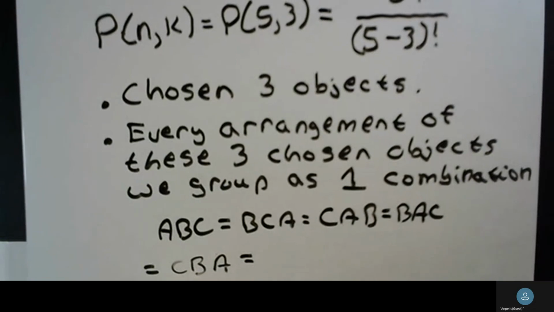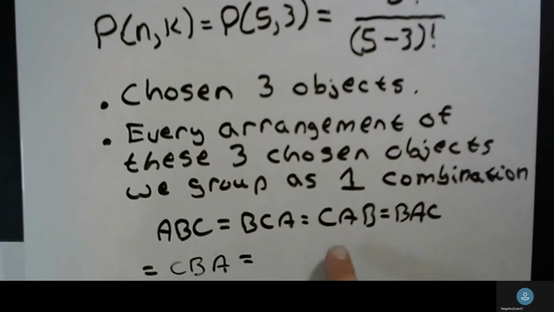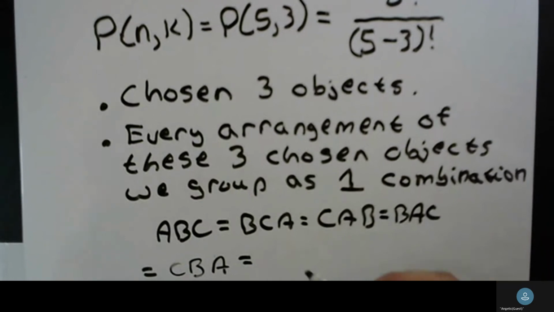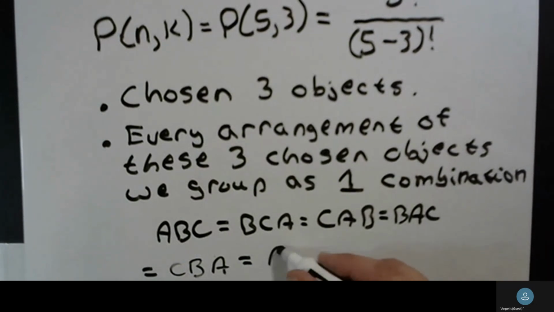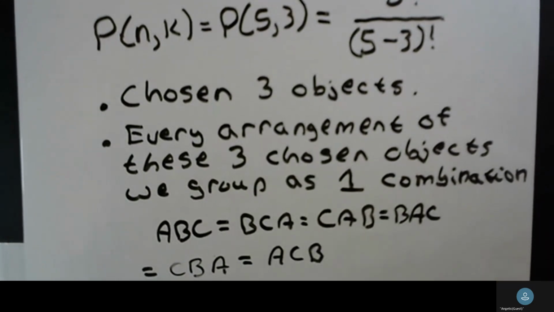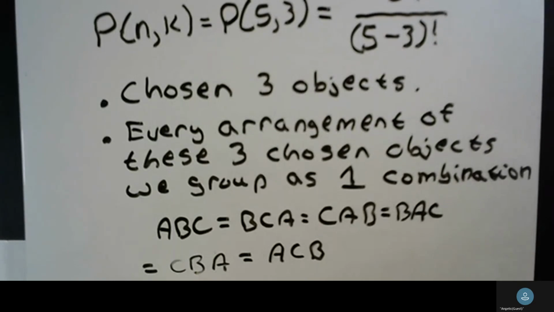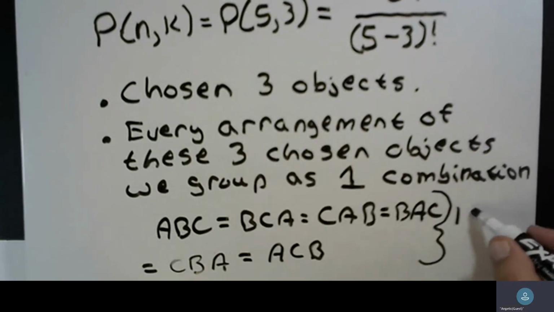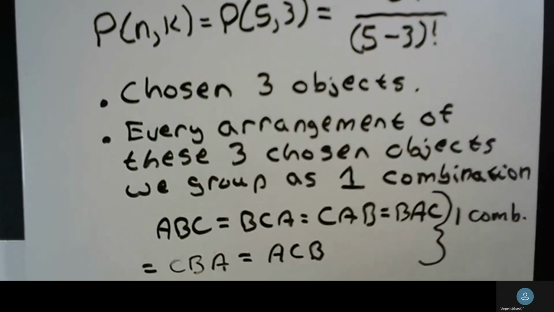Let's see if I can figure it out. Should be one more, and I'm missing it. ACB. There it is. So these 6 permutations are one combination.